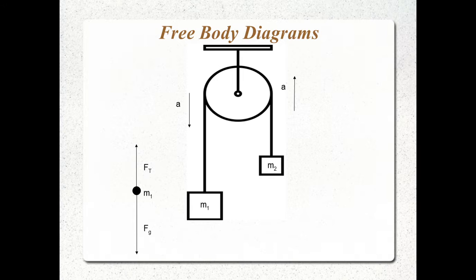Mass 1, its free body diagram, is an upward tension force that's less than its weight. And there's the downward force of the Earth that is pulling it toward the center of the Earth. The very similar free body diagram for mass 2, except the tension force is greater than the weight in that case because it's accelerating upwards.